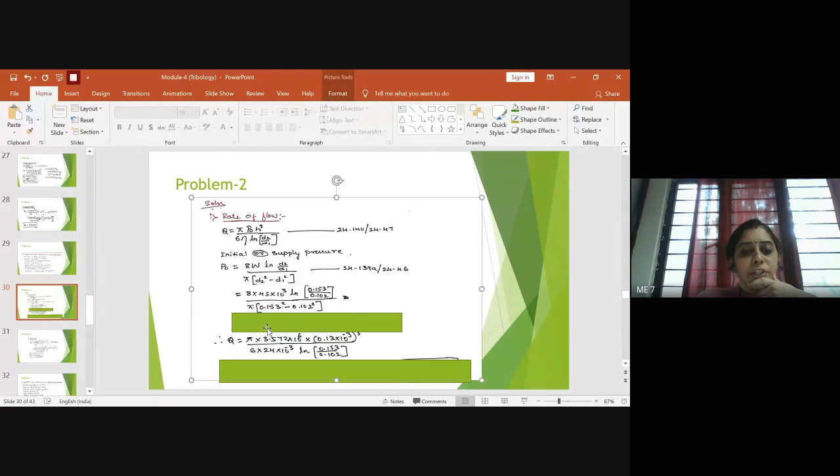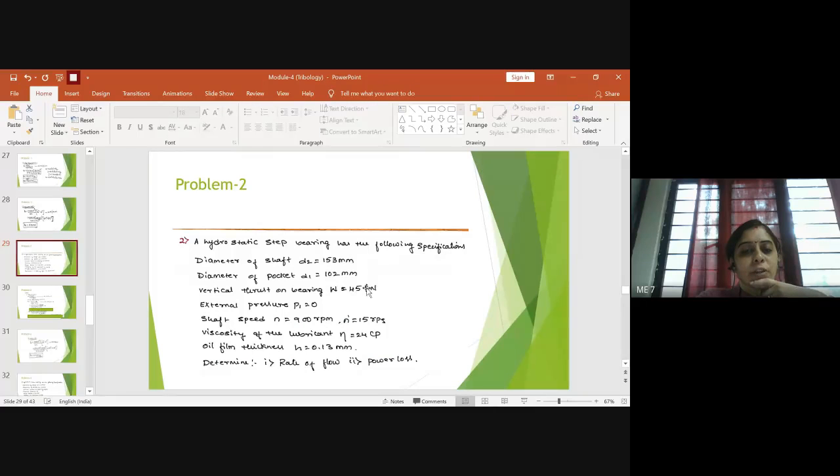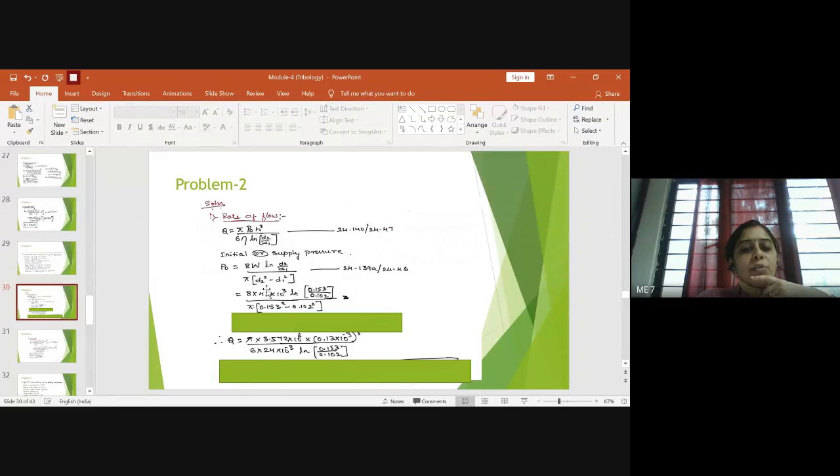So this is the equation. 8 is a constant value, you will write as it is. W is the load subjected on the hydrostatic bearing, and in the question it has been given as 45 kilonewton, right? So kindly substitute the value of 45 into 10 raised to power 3. Then log of D2 by D1.